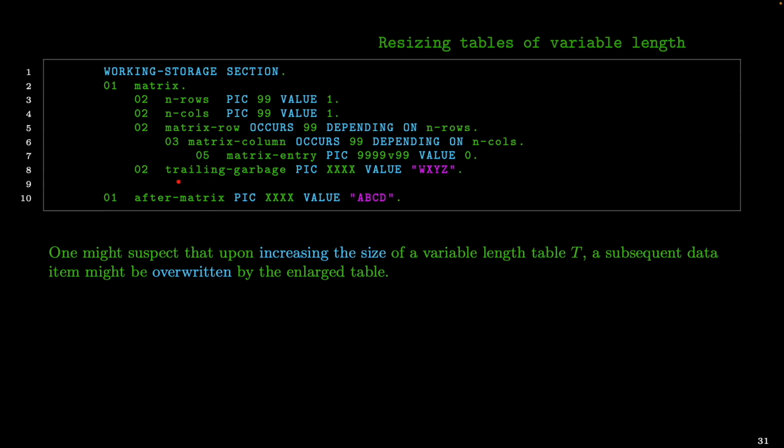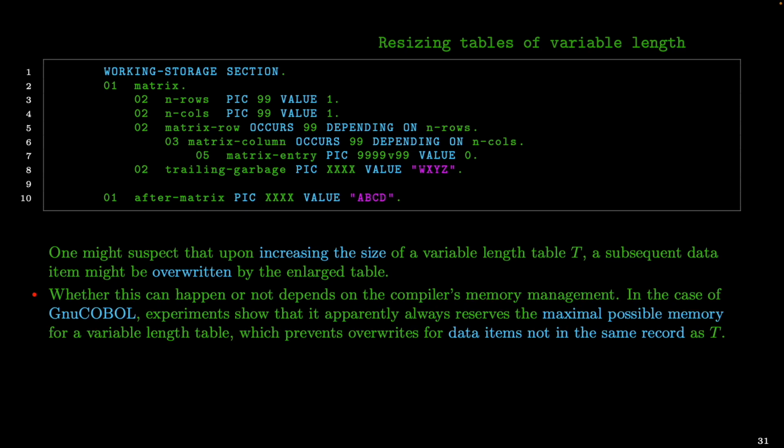Now these two are different in the way that trailing garbage is contained in the same record matrix as our actual matrix data, whereas after matrix is just an independent data item that is declared just after the whole matrix record. As before, whether something like that can happen depends on how the compiler manages the memory.